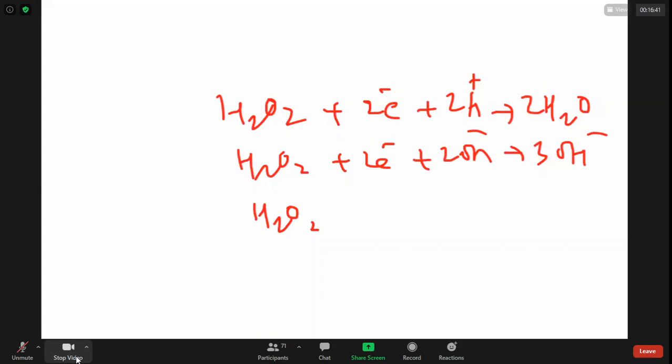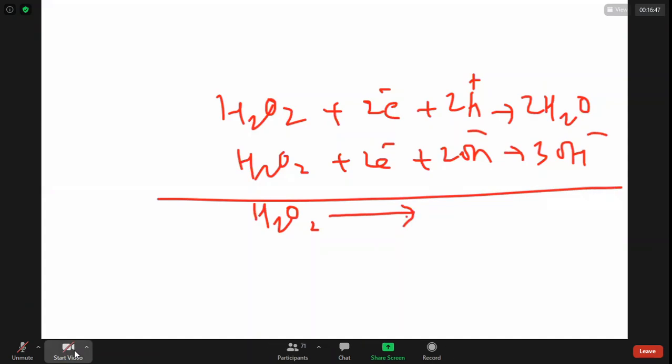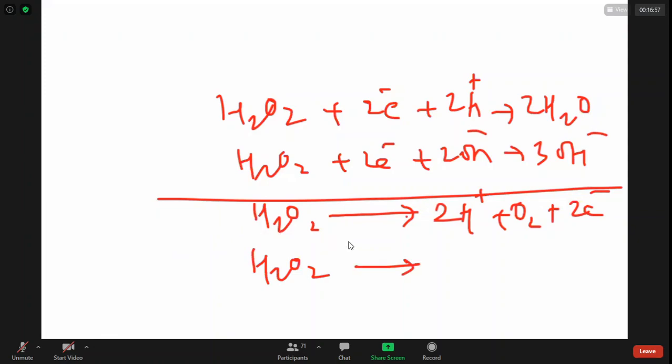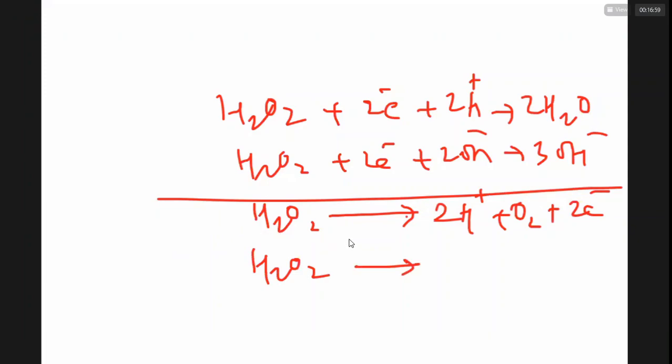H2O2 is an oxidizing agent where it is taking 2 electrons. H2O2 can act as a reducing agent where it loses electrons. In acidic medium, it loses electrons to give O2. In basic medium also, it can lose electrons to give 2H2O and O2 plus 2 electrons.